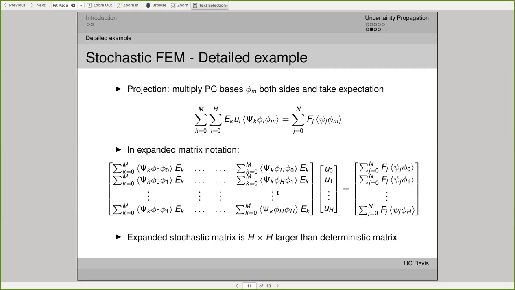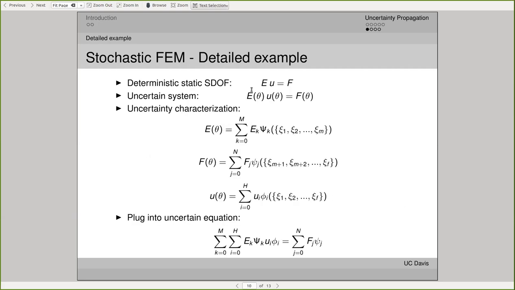I think it might help to write this index notation in matrix notation so that you can see how the stiffness is constructed and how the force is organized. When we write the index notation in matrix notation, we get the expanded system equations as you can see here.